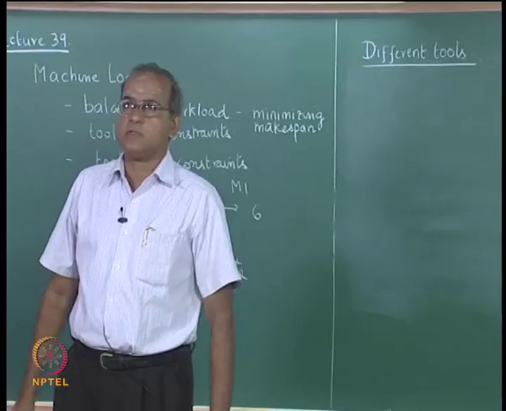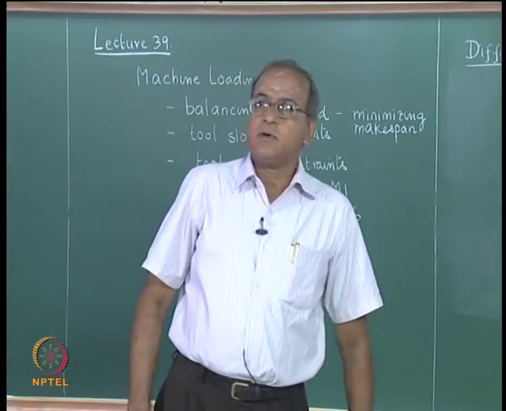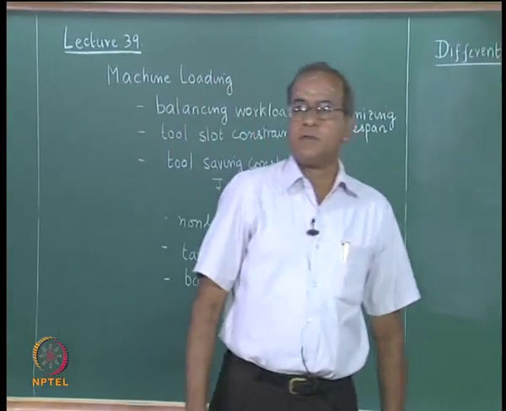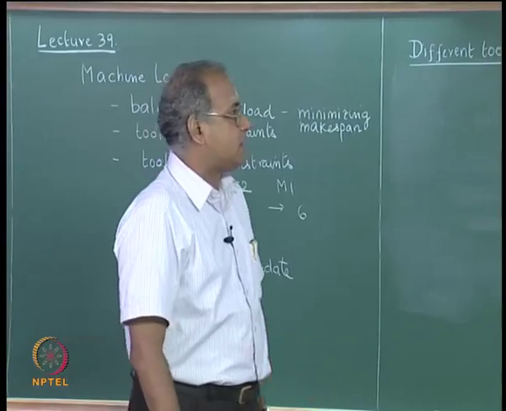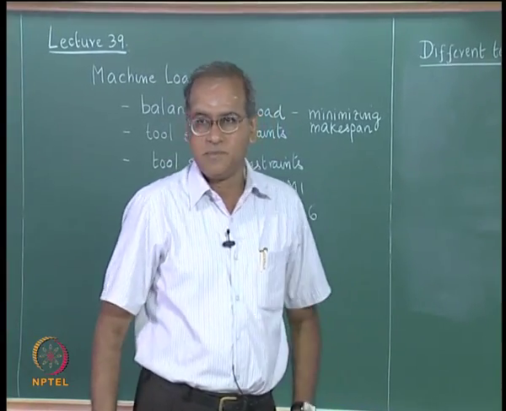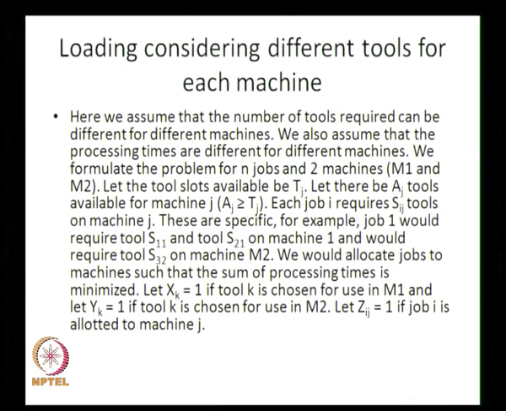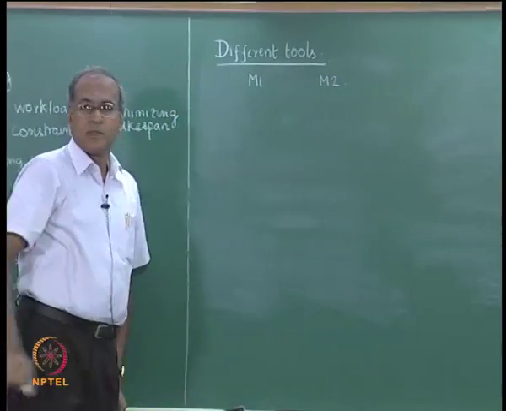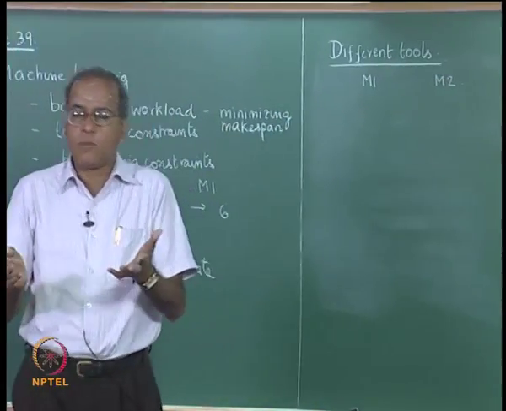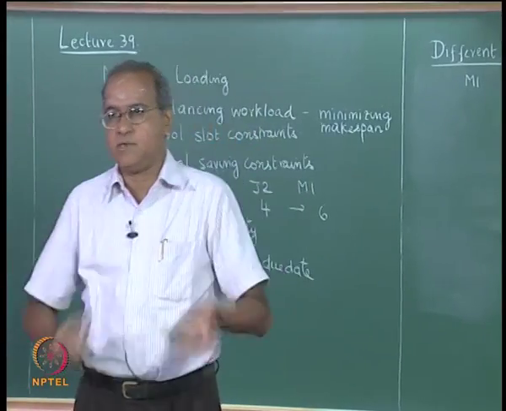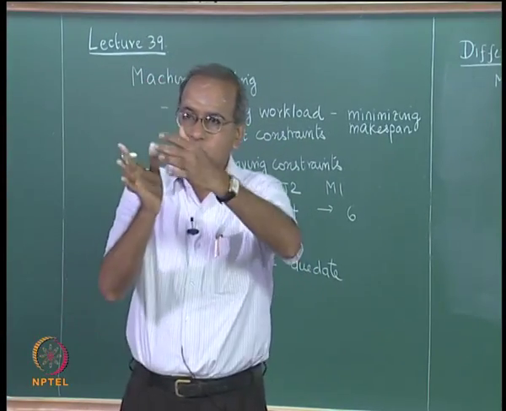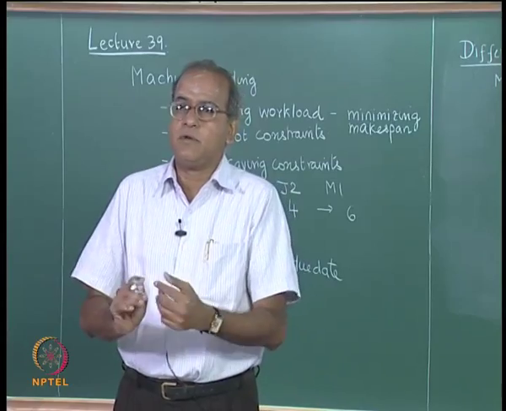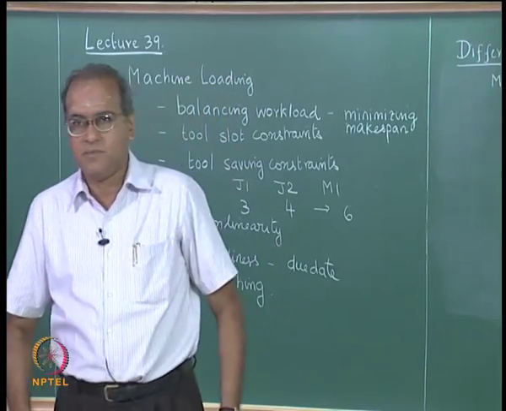Considering different tools for the machines. So, here we assume that the number of tools or tools required are different for different machines. For example, if there are two machines M1 and M2, we assume for a moment that the tools are not interchangeable, which means M1 has its own set of tools and M2 has its own set of tools.